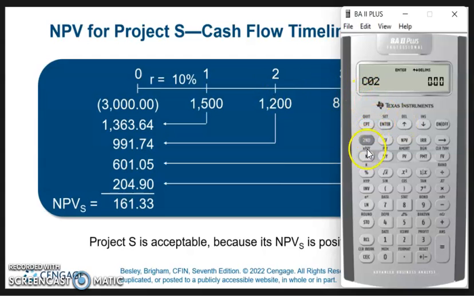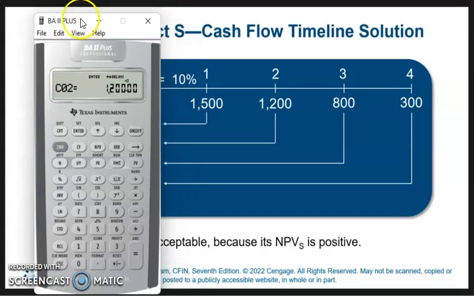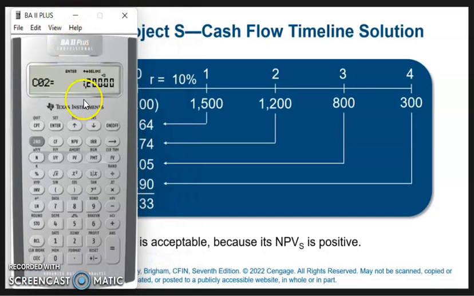So C02 is 1,200. Enter. And I'm going to slide this over so we can see the cash flows. So then we go down to C03. That's going to be 800. And then C04 is going to be 300.